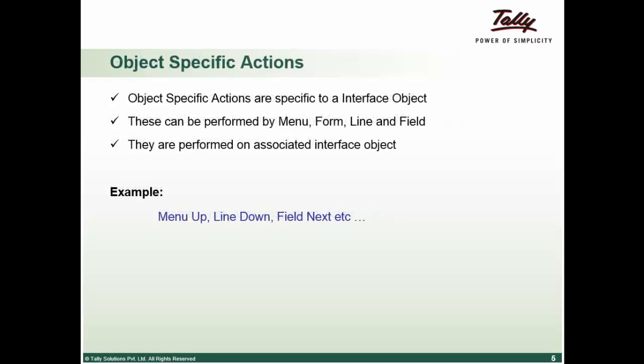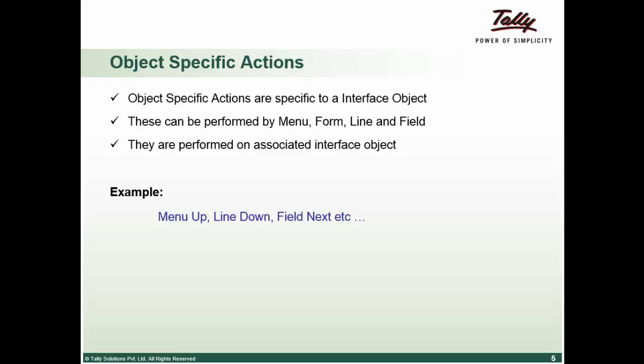Object-specific actions are actions which can act upon a specific user interface object. When you talk about user interface objects, this could be form, line, field. For example, when you press tab, it moves to the right of the field.